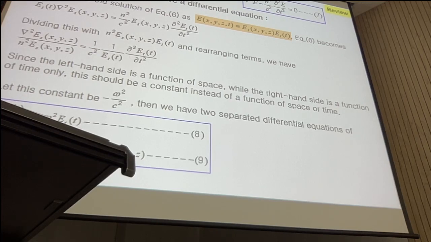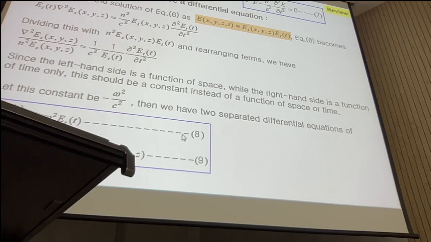Then we have two equations. The second order derivative of E as a function of t becomes a constant times itself. And the second order derivative of E as a function of spatial coordinate becomes another constant times itself.